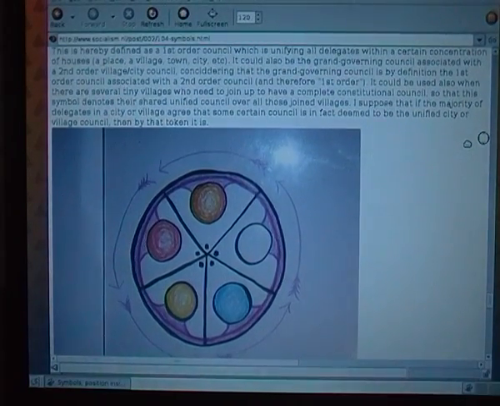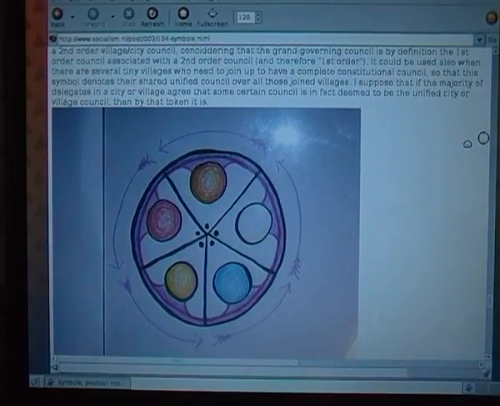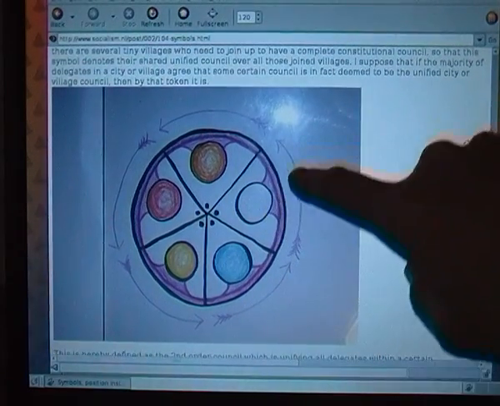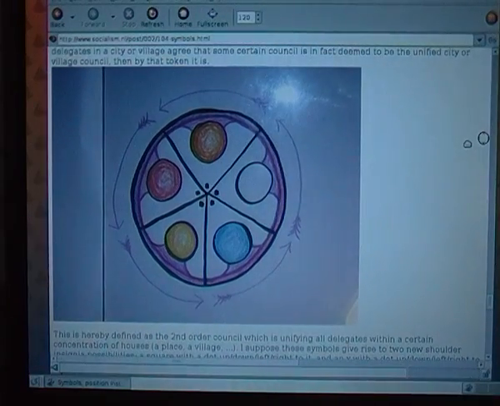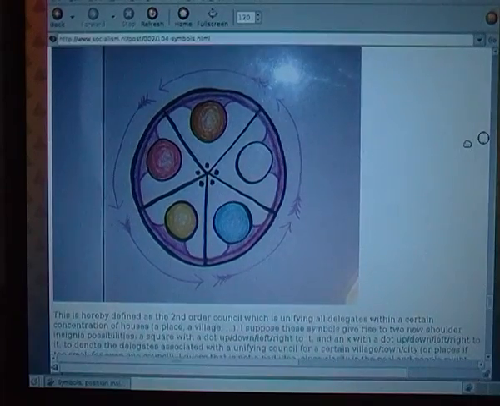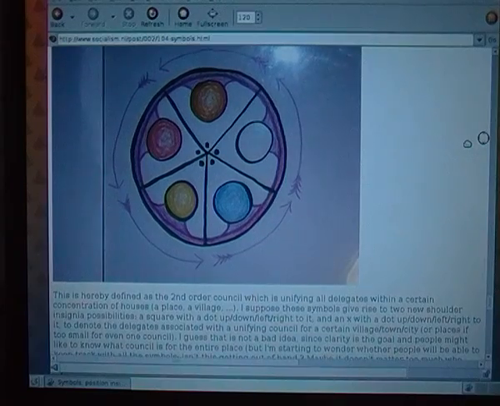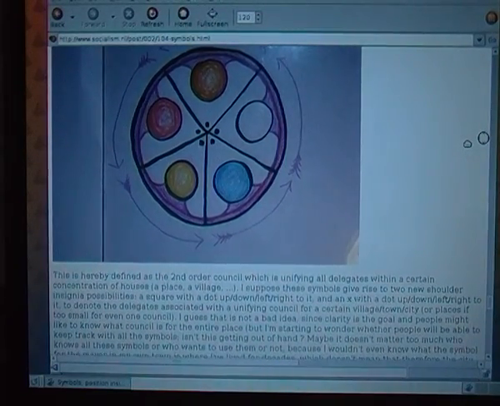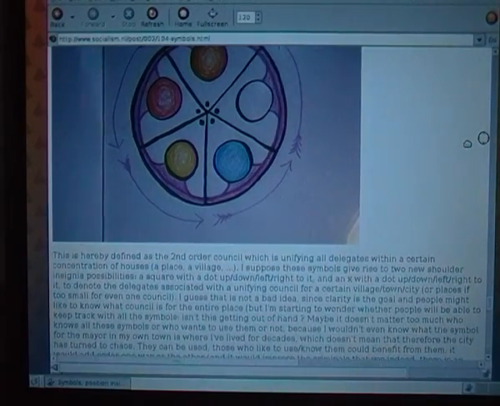This is a new type of symbol, and it is meant to mean that this local council is also the central council of a residential area. Village, maybe, small village, small city, or sparsely delegated city.